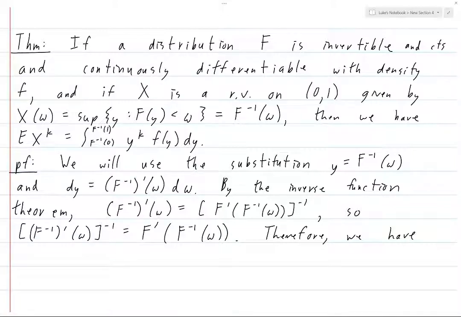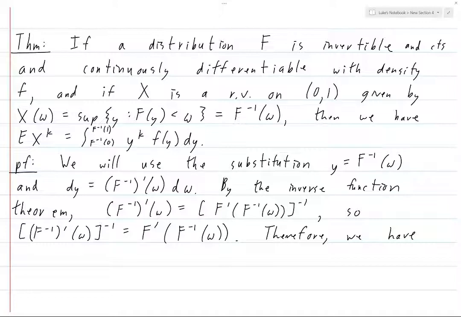And we want to know how to deal with 1 over F inverse prime omega. It turns out we get 1 over F inverse prime omega is F prime of F inverse of omega. So that works out nicely.